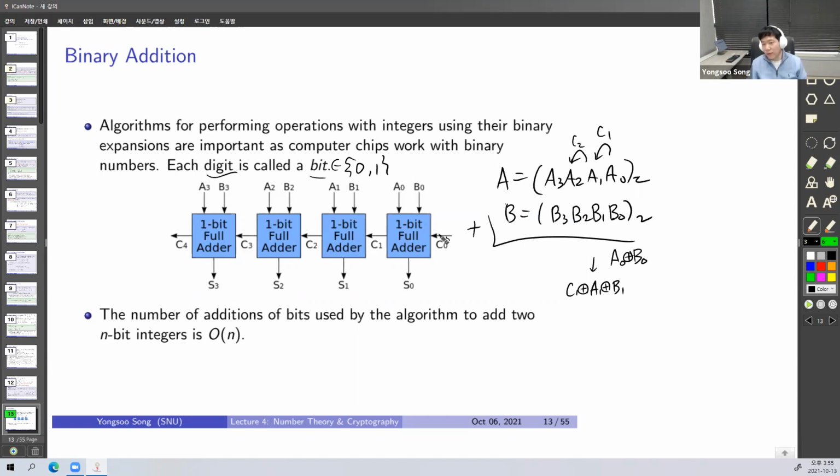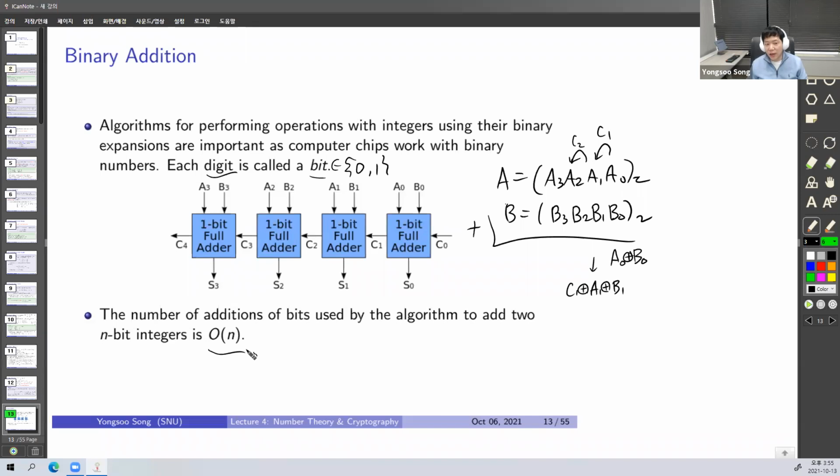So this is a very elementary but simple representation of an addition circuit. And in this algorithm, you can easily check that big O of n operations are required to add two integers that are n bits long.